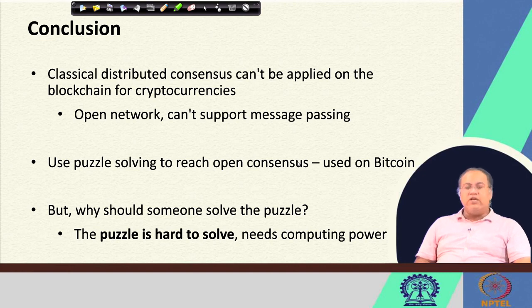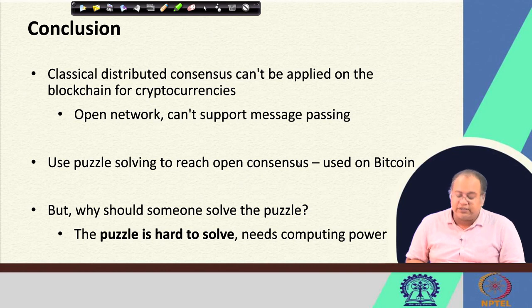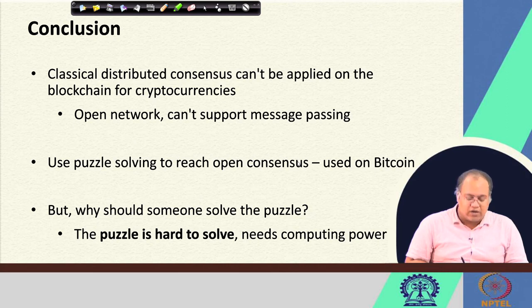So, in conclusion, what we have seen today is that classical distributed consensus algorithms cannot be applied to the blockchain for cryptocurrencies, particularly because they are based on message passing. In an open network you cannot support message passing.